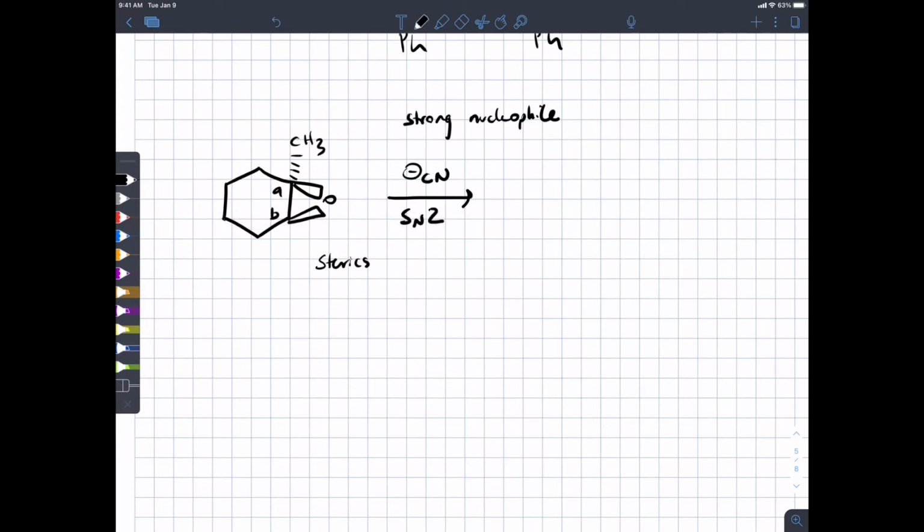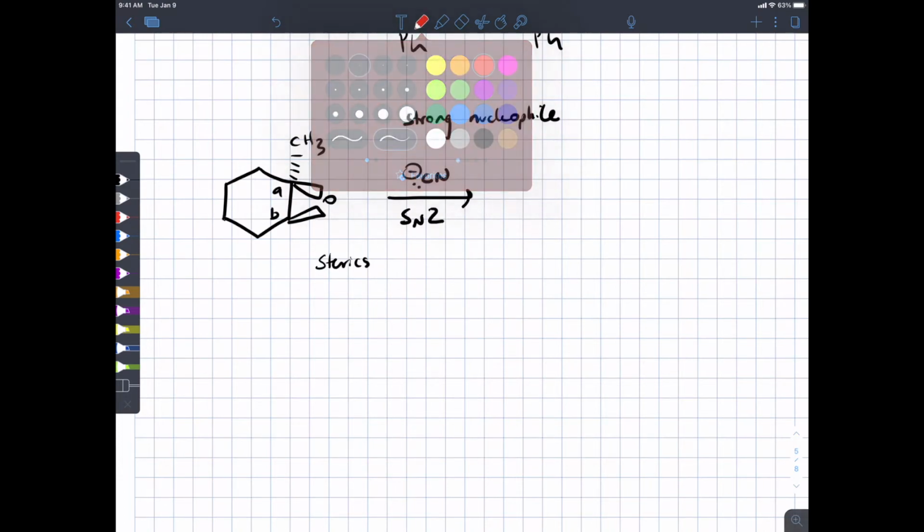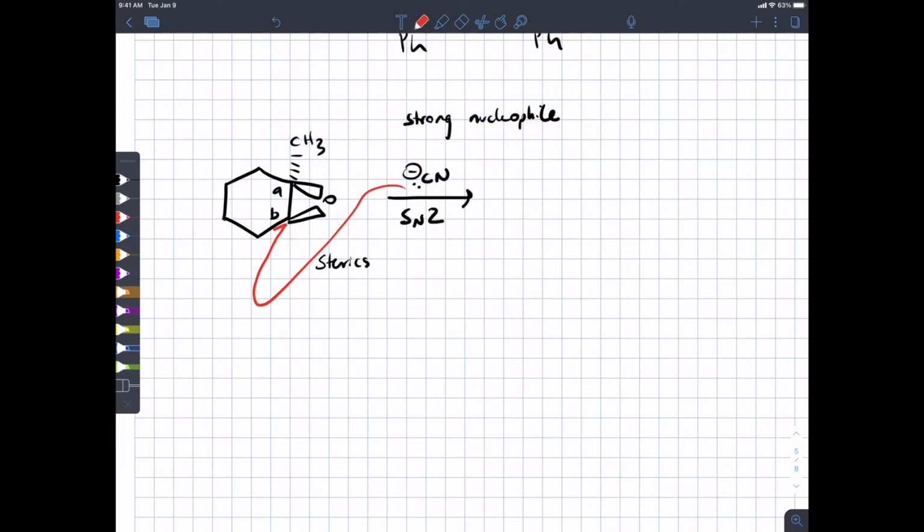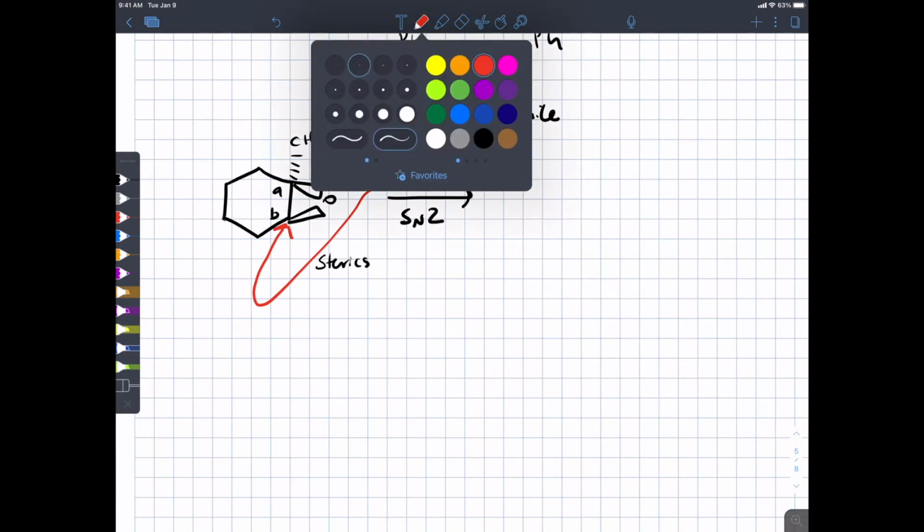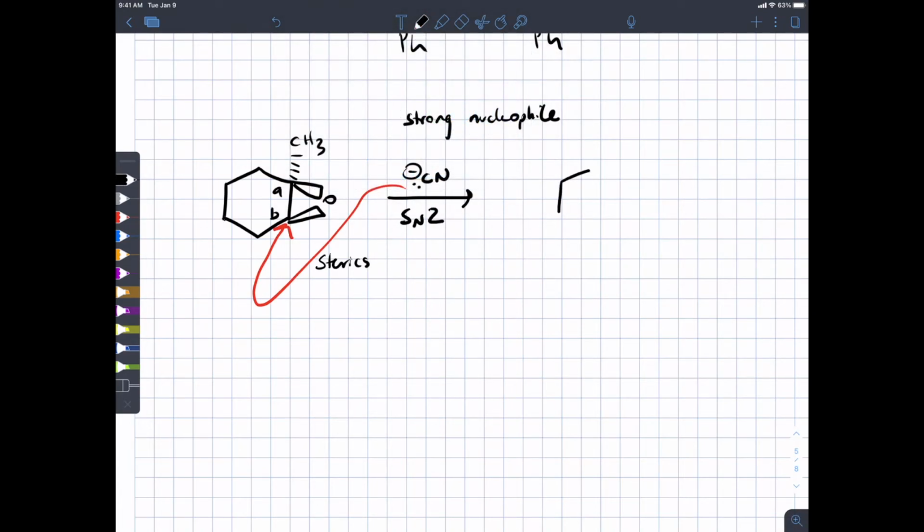Anyway, sterics, yes, the less substituted carbon will be preferred by this strong nucleophile. So CN minus will come in from the backside and attack at less substituted carbon B. And after we protonate the negatively charged oxygen, we will end up with that structure.